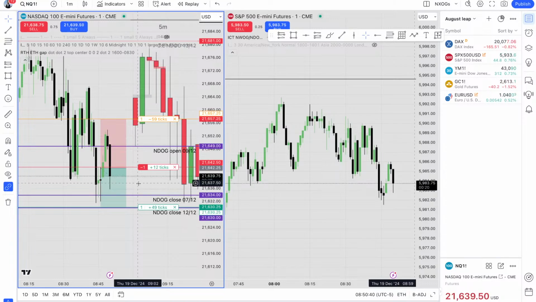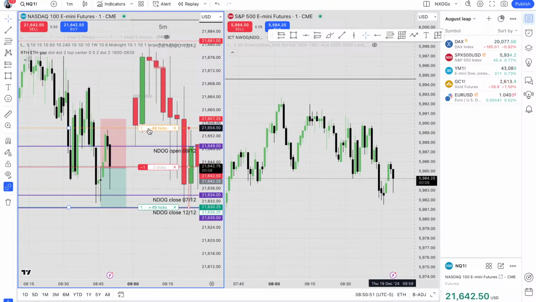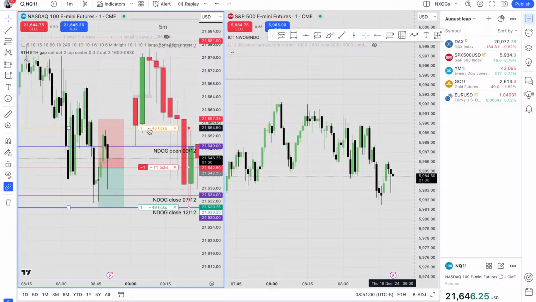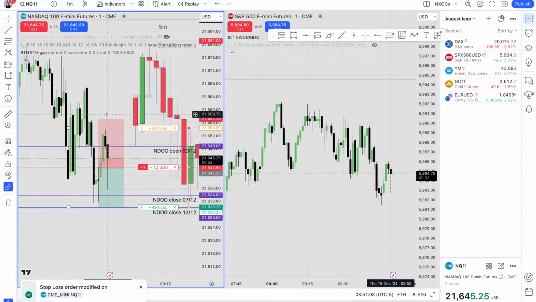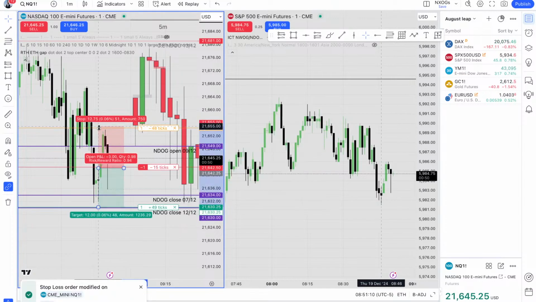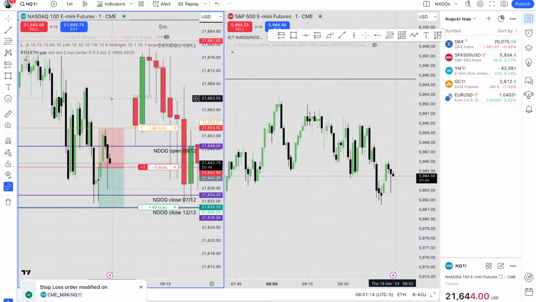Okay, let me change the stop loss a little bit here. Let me wait for that one to close. No, I don't like that wick. No, now the wick respected. Okay, I will change the stop loss. It's fine. So at least now, yeah, 12 point stop loss. It's not bad.